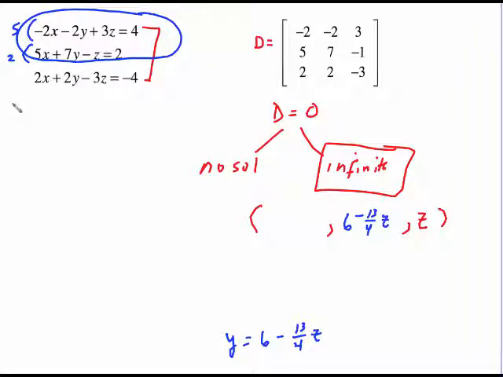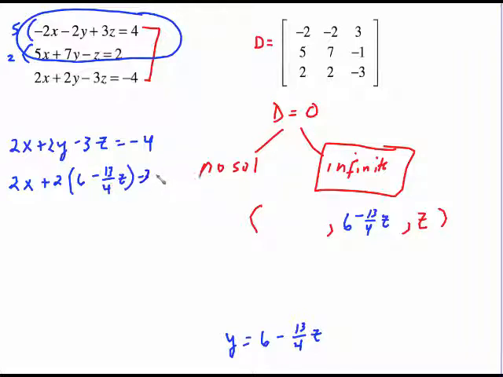I had to clear out some space over here so I could continue this. I'm going to use this bottom equation, 2x plus 2y minus 3z equals negative 4. At this point, I can use whatever equation I want. I chose this one because it's smaller and positive numbers. So I'm stuffing in: x stays x, y is 6 minus 13/4 z, minus 3z equals negative 4.